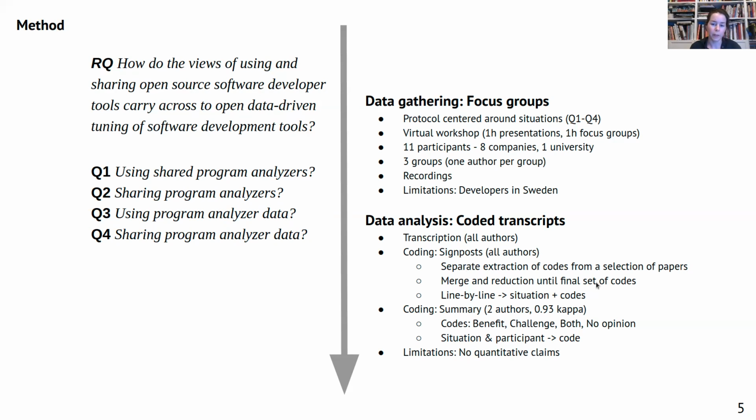And we used this coding as a signpost into the transcripts where developers, our participants, were talking about different aspects. And then we also did a coding round to summarize the view of each participant with regard to each situation, using codes listed here: benefit, challenges, both benefits or challenges, or no opinion.